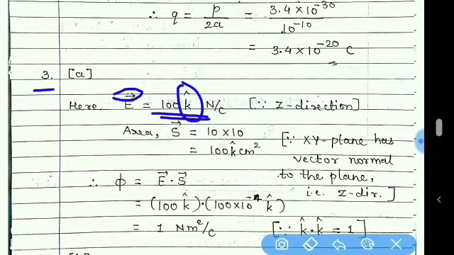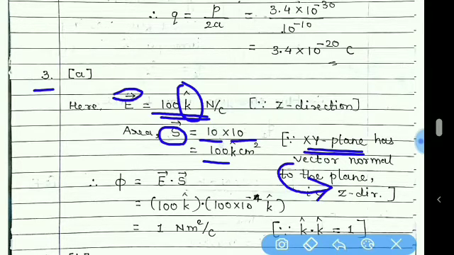Also, the surface area, symbolically represented by S, has side length 10, so 10 into 10 is equal to 100. Again, as the plane is along the XY direction, the vector of that area will be along the normal to it, so it will be the Z direction.